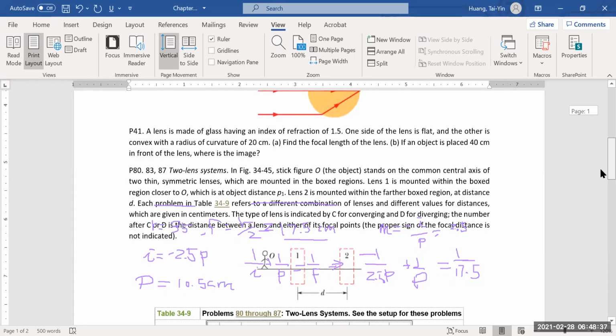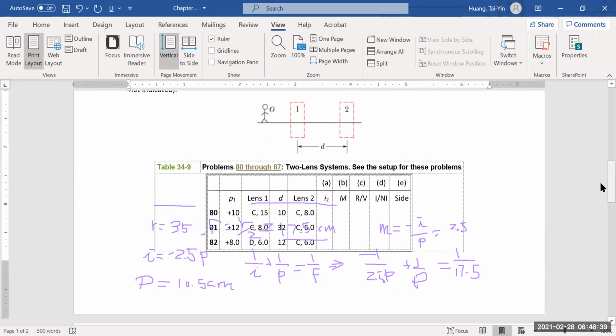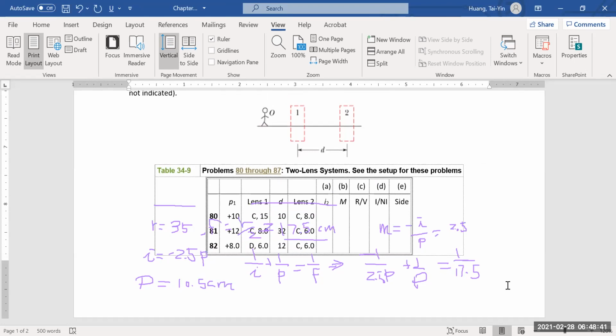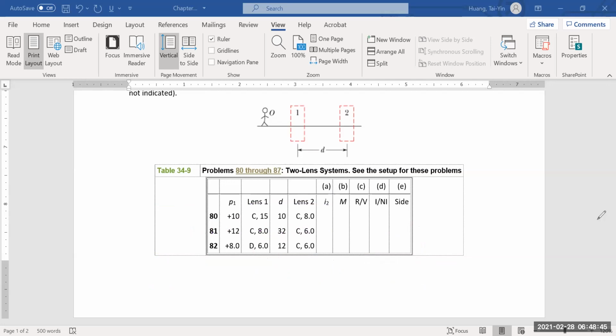And the next thing I want to do is the two lens system problem. The next problem I want to do is problem 80. You can read the problem later, but suffice to say that the P here indicates the object distance, and lens 1 has the focal length of 15.